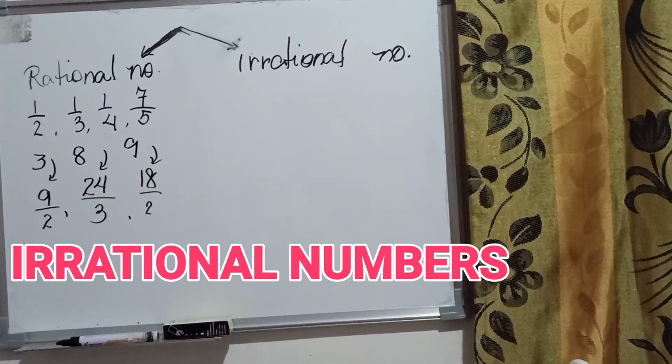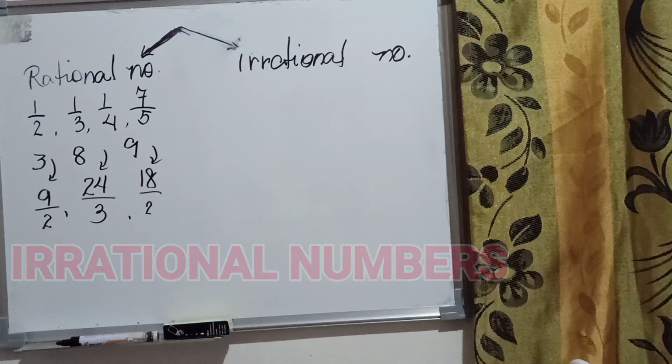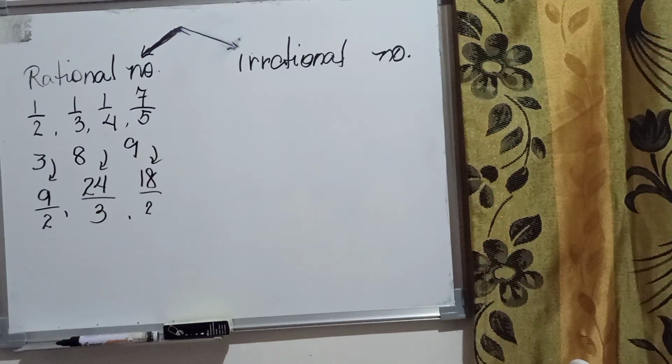Let us try to differentiate now our rational numbers from irrational numbers. Once more, I have to say that a rational number is considered the ratio between two integers, except 0 for the denominator.